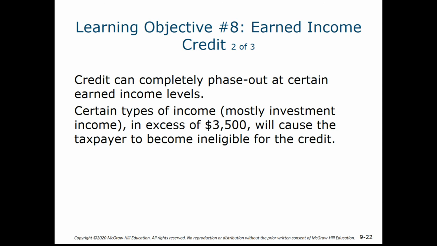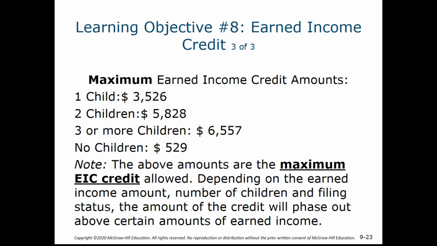So if someone has maybe a small earned income at their job, but they're receiving considerable unearned income, investment income, then that can cause them to be disqualified for the earned income credit if that investment income exceeds $3,500.